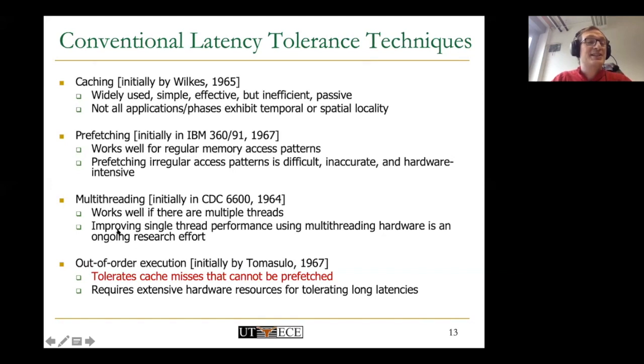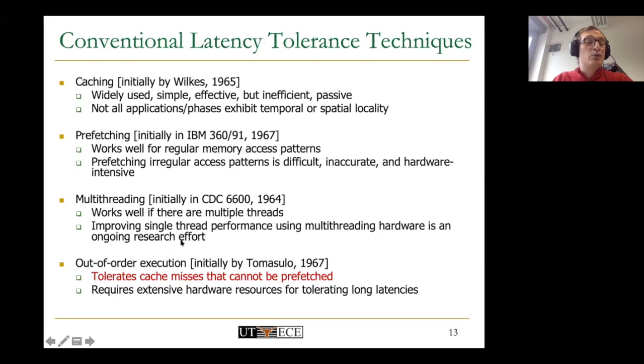Multi-threading is another latency tolerance technique. So these two are latency hiding techniques. These two are latency tolerance techniques. I guess ignore the title here. Multi-threading, again, works well if there are multiple threads, but multi-threading is not beneficial if you want to improve single thread performance. And we've covered fine-grained multi-threading in digital design and computer architecture. I will have the link to that lecture in the next slide.